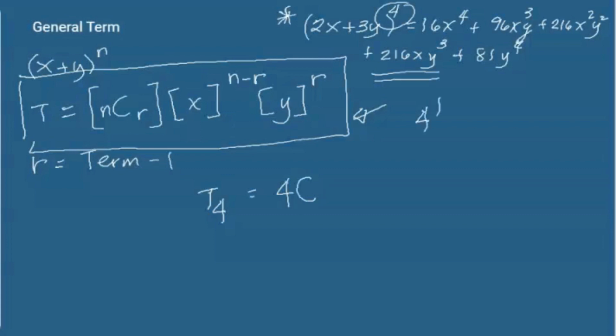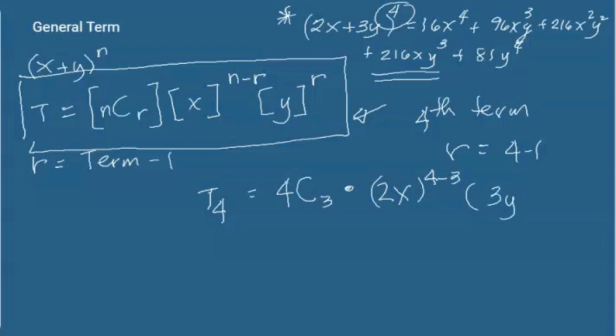So you're asked for the fourth term, so r is 4 minus 1. Times our first term 2x raised to n minus r, so 4 minus 3. And our second term is 3y raised to r, so raised to the third power.